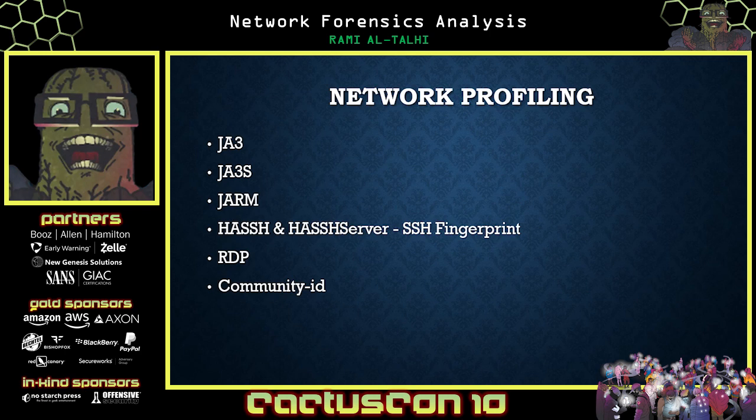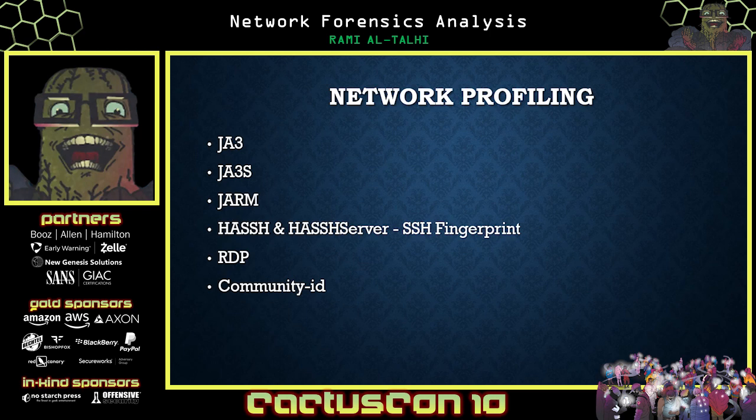We have HASSH and HASSHServer, which are used for SSH fingerprinting. If you look into an SSH connection, for example, when you are connecting from your host or laptop to the server, those connections can actually be used to identify you, or identify anyone making the SSH connection, as we will see.